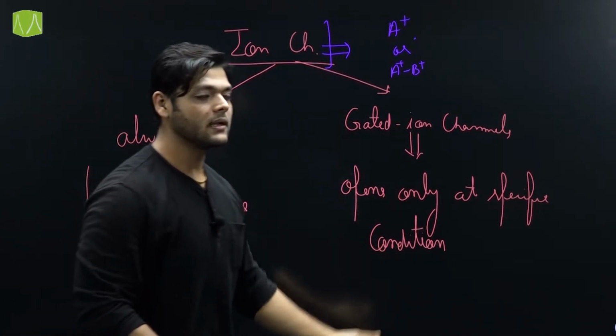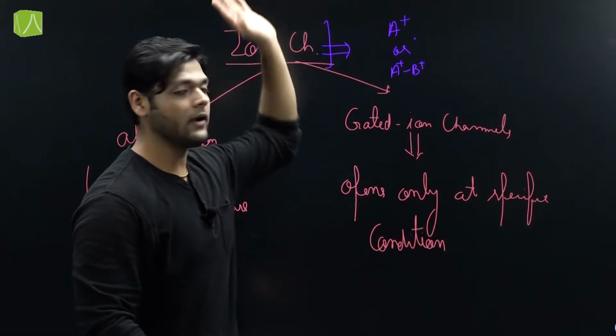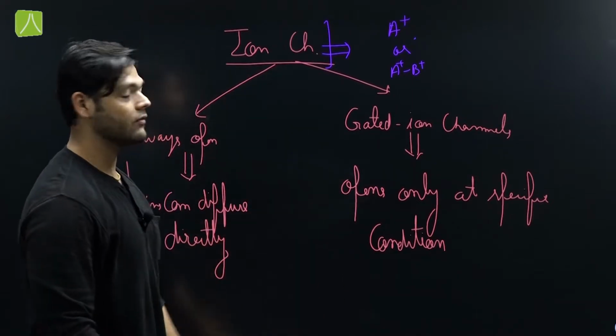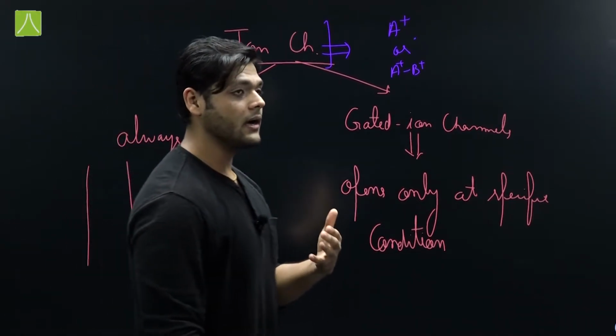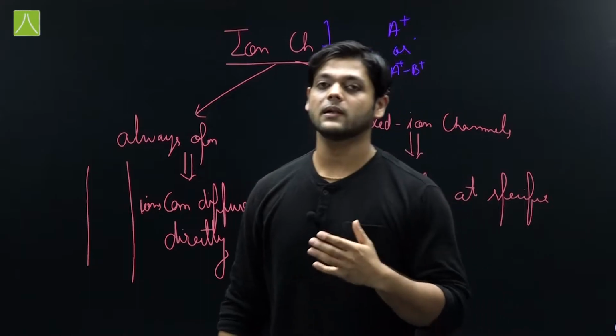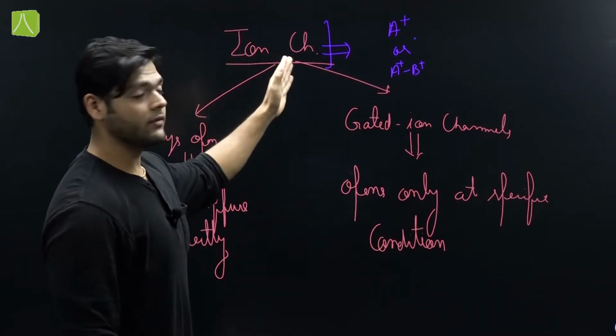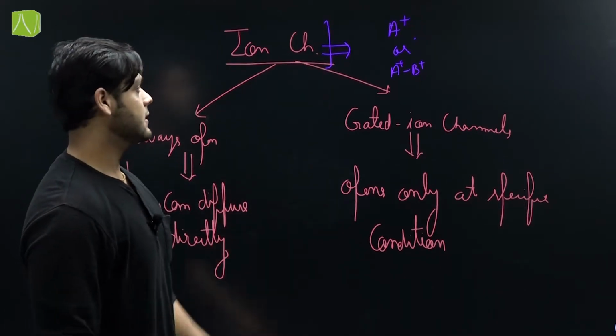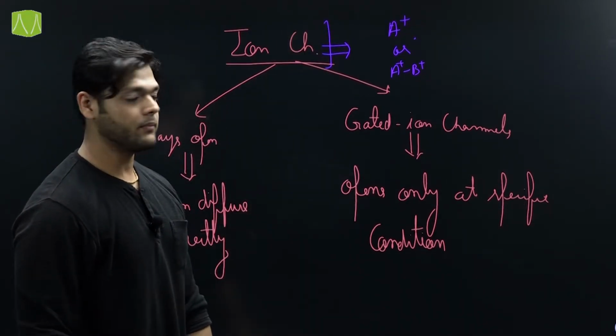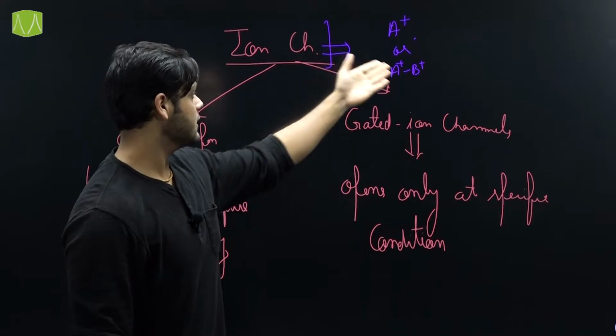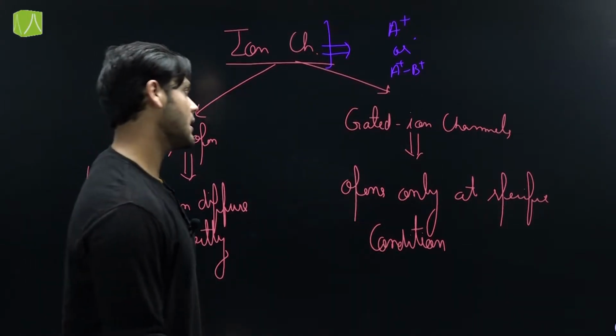But there is nothing like lots of ions simultaneously going across one ion channel. For every ion there must be a different ion channel. Through one type of ion channel, either one ion can go across, or a small set of ions can come across.